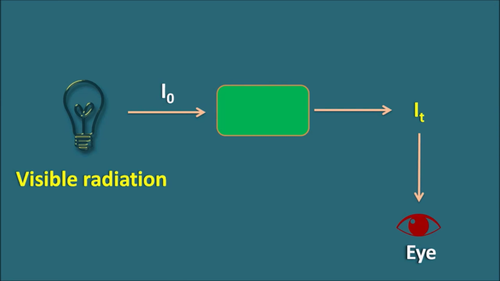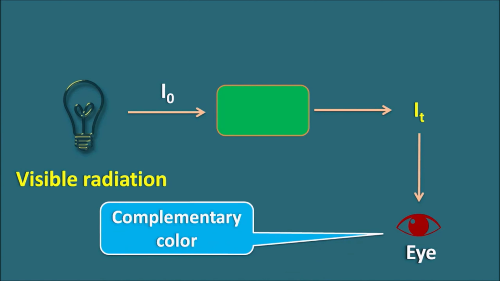But actually, the radiation that is coming to the eye is not the radiation corresponding to the green color, but it is the complementary color of the green color. That means here the object is going to absorb some radiation, and the remaining radiation is complementary to the green color. But here the question is how this object can appear as a green color.